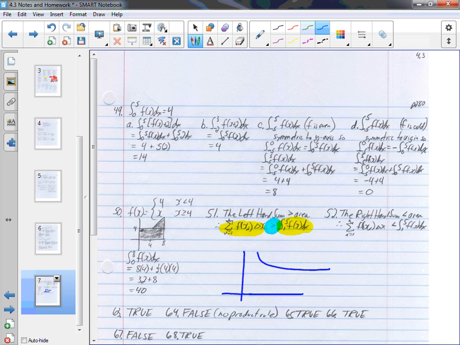And if xi is the left endpoint, we've got a bunch of intervals, right? Did they tell us how many? They don't. So right there is xi. It's the left endpoint.